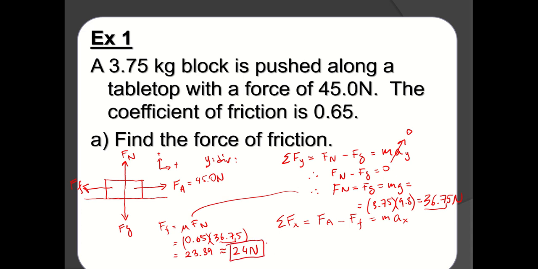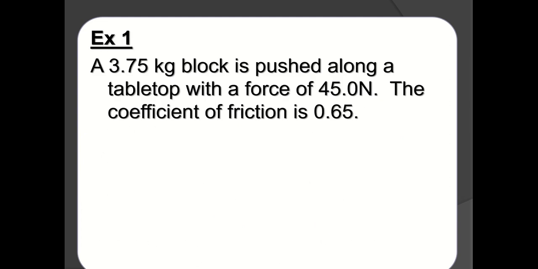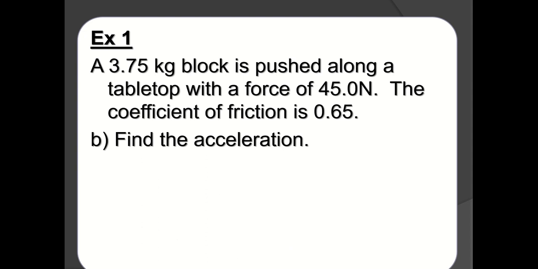So once you know your force of friction, we can then plug it into our FNet for x direction and then find the acceleration, because otherwise we wouldn't be able to calculate our acceleration. So on the next page here, I'm going to take my answer from part A, 24 newtons for the force of friction. Well, it's not the next page for you, but I'll have to rewrite it.